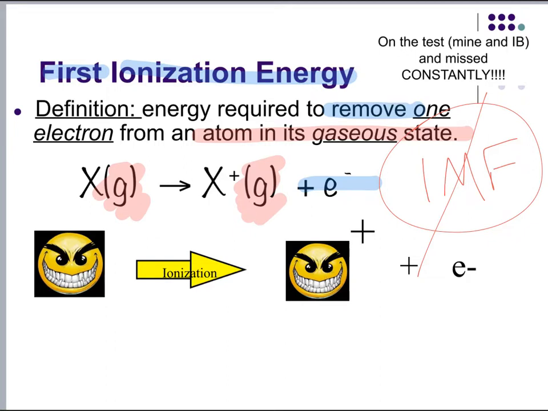We don't want to be considering the attractions of other forces, exterior forces. So intermolecular forces would be the forces between an atom and another atom. We want to be looking only at the forces within this first atom and how much energy it takes to pry that electron off.